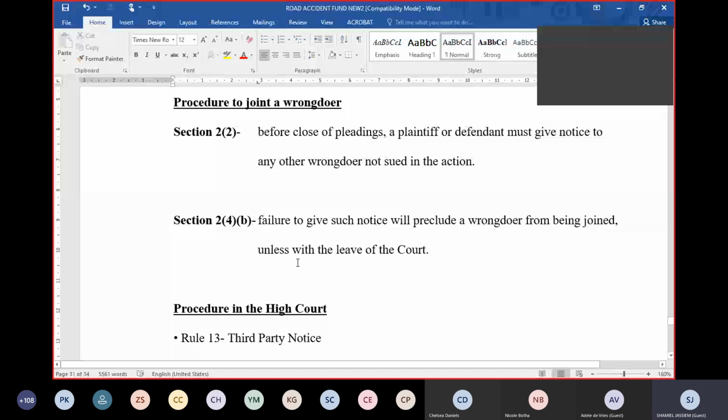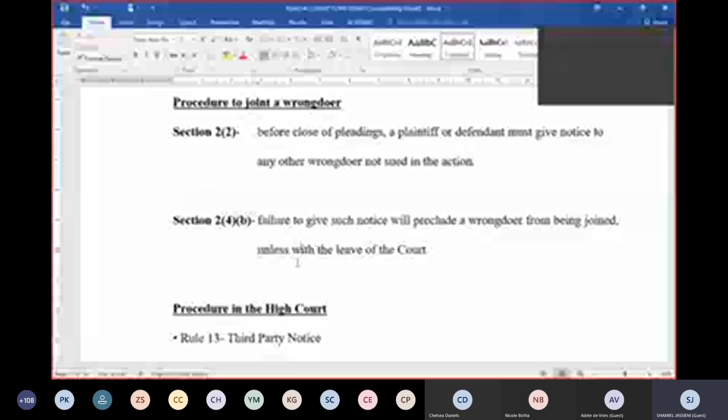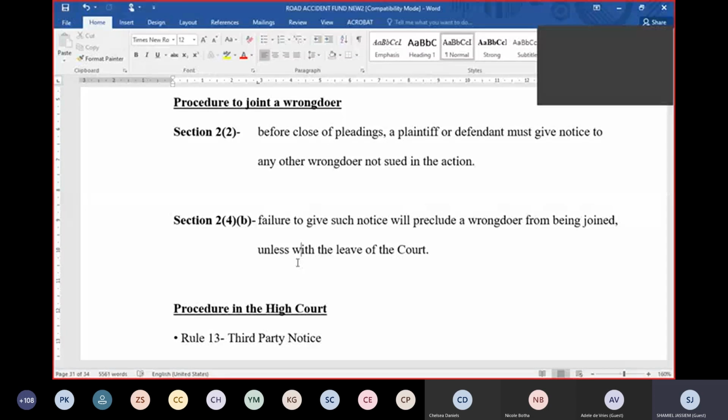Or how can you react to such a notice? You can either say yes or you can say no. Those are the only two options. Yes, join me, or no, don't join me to this proceeding.